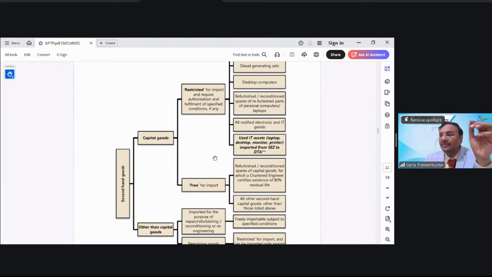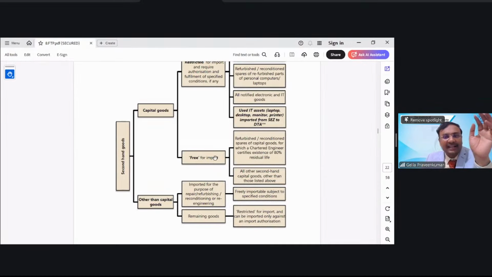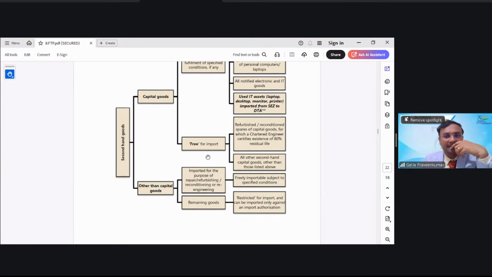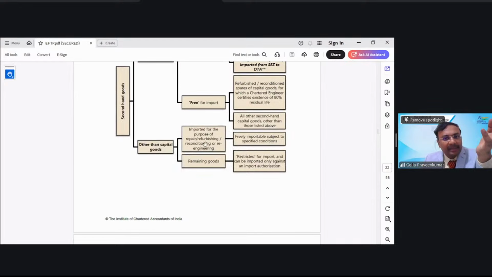If the life is less than 80%, they say no, it is restricted, not permissible. All other second-hand capital goods other than those listed above can be freely brought into India. Similarly, other than capital goods, imported for purpose of repair, refurbishing, reconditioning, I can bring freely. Remaining goods restricted for import.